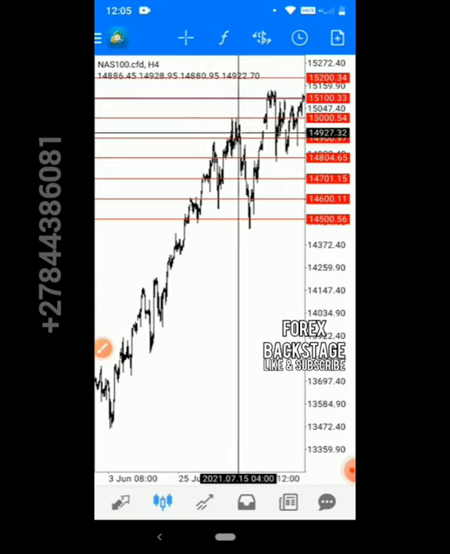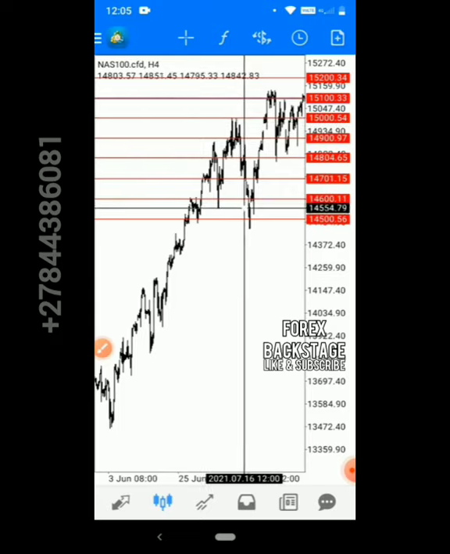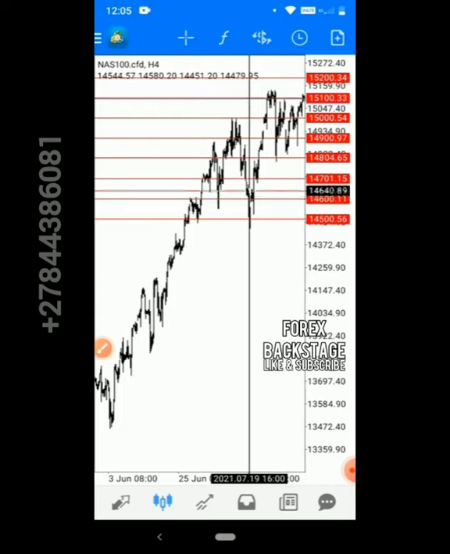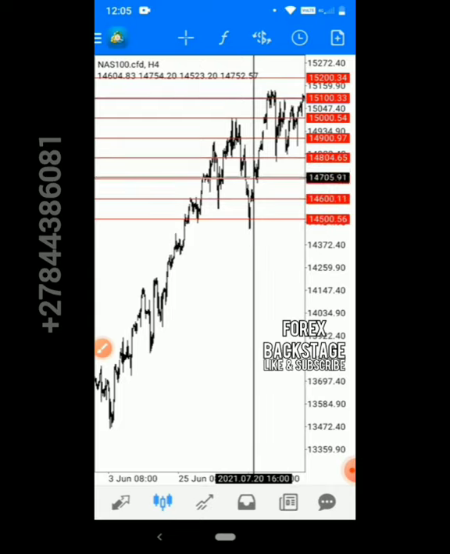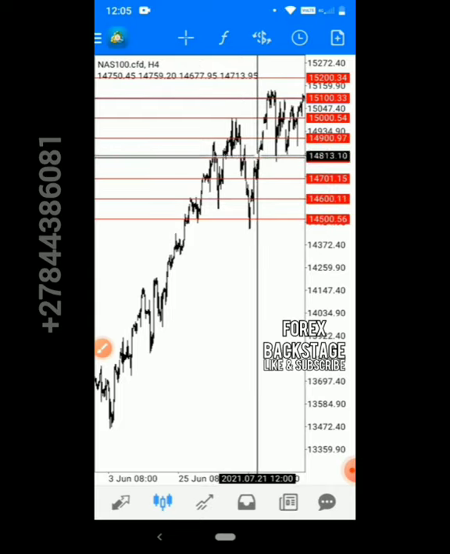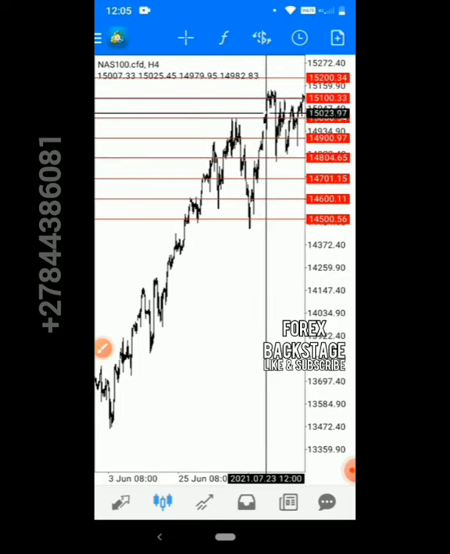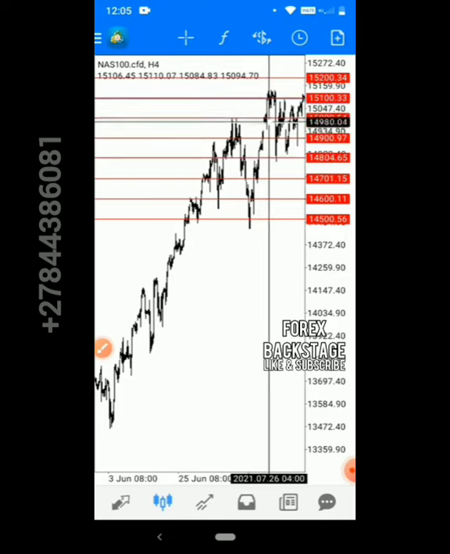As you can see, market came back fully down. All right, came back, pushed up, retest, pushed up, retest, pushed up, retest, pushed up, retested again, pushed up one more time, and then came back all the way, retested this area, and then pushed up.